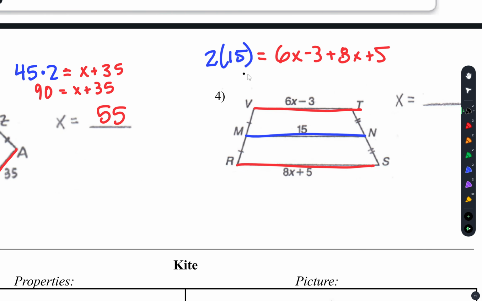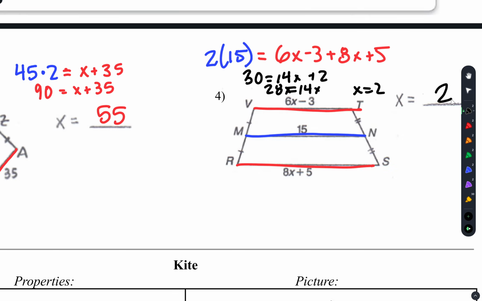I simplify. 30 equals 14x plus 2. 28 equals 14x. Oops. So x equals 2. Any questions about trapezoids, isosceles trapezoids, trapezoid midsegment theorem?